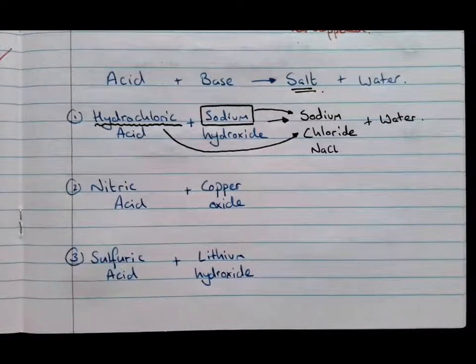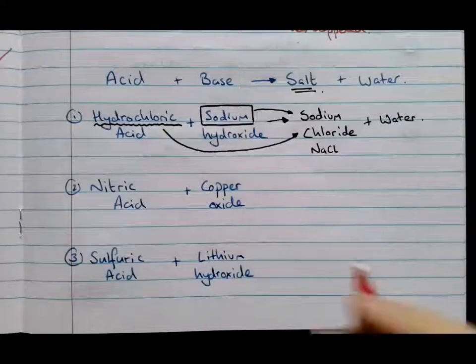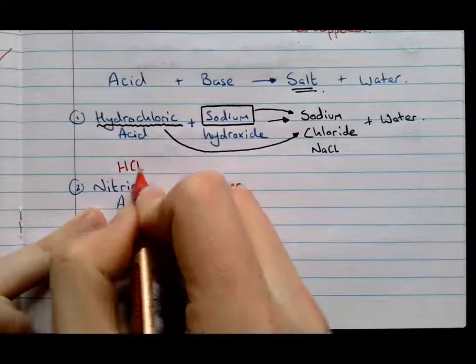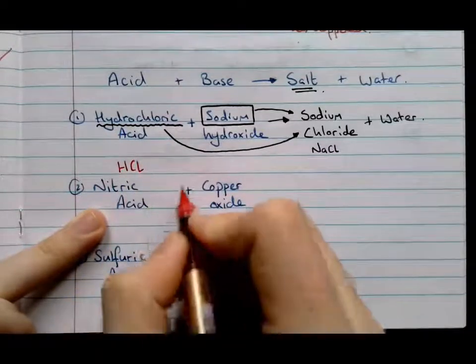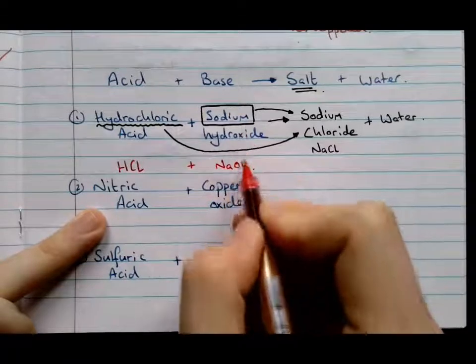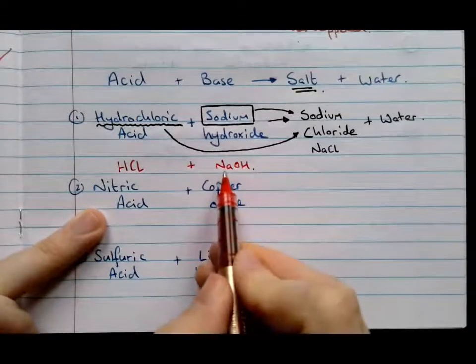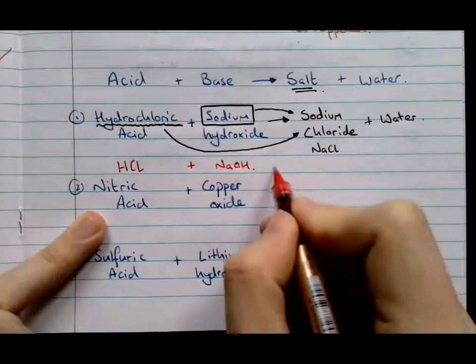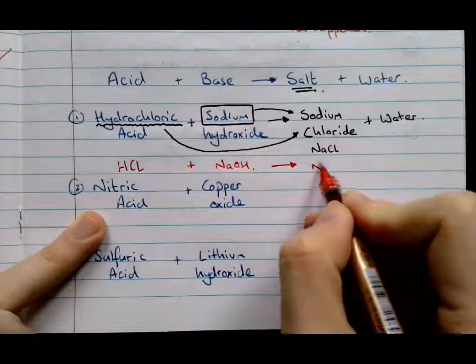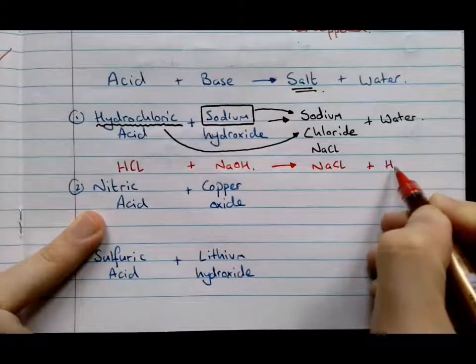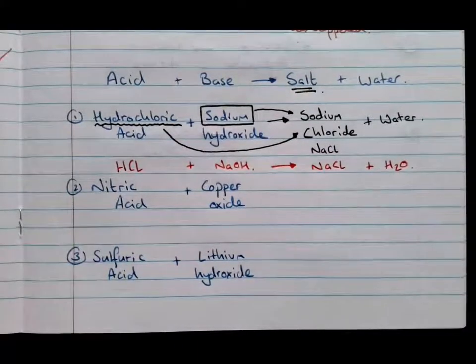Now if we wanted to, we could write out the chemical equation, which would be HCl, that's my hydrochloric acid, plus NaOH, that's my sodium hydroxide. Remember, this is one sodium, one oxygen, one hydrogen. And that's going to make me NaCl plus H2O.